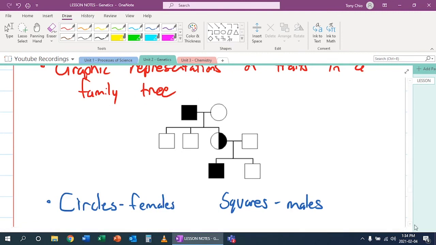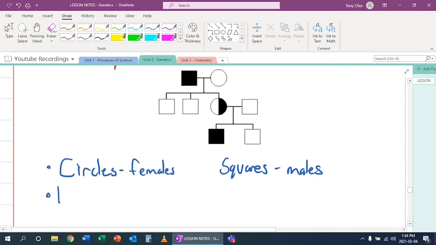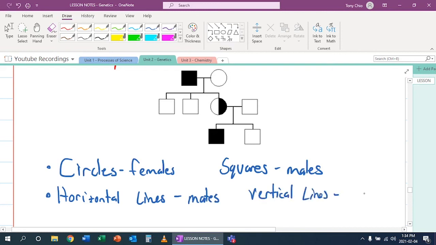Horizontal lines equal, in a sense, mates, while vertical lines talk about offspring.